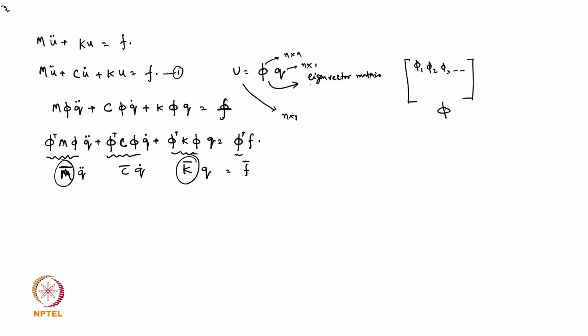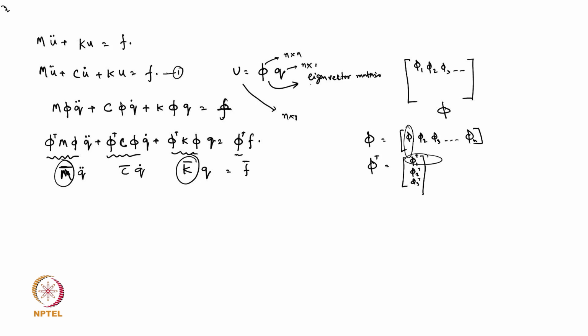Now if you see how this phi looks, it consists of phi 1, phi 2, phi 3, like this, up to phi n. So what will be the phi transpose? Phi transpose will be phi 1, phi 2, phi 3, like this, with everyone transposed also, because previously this was like this, now this will be like this.